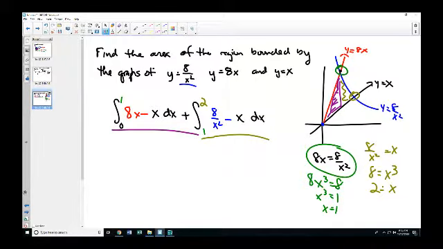So do the integral of 4x² minus x² over 2. Simplify that. So you can't do them together? You have to separate them because they're different integral limits.